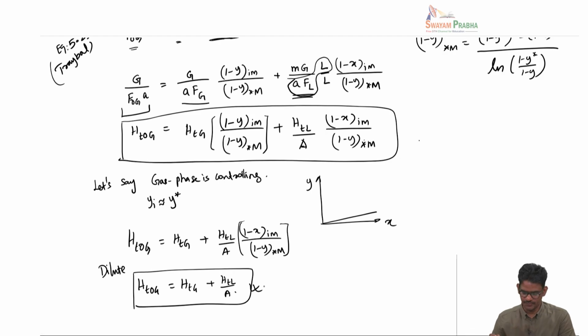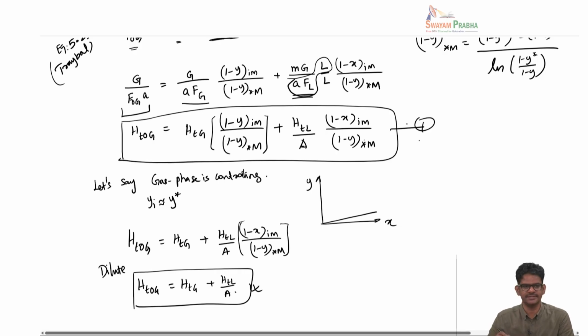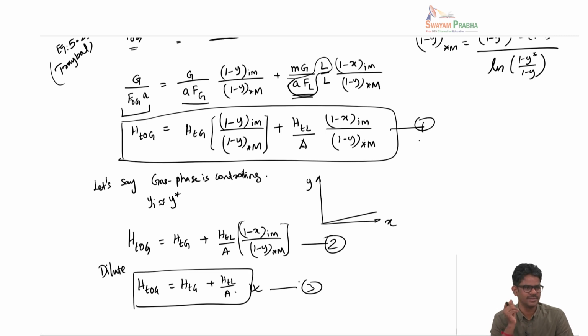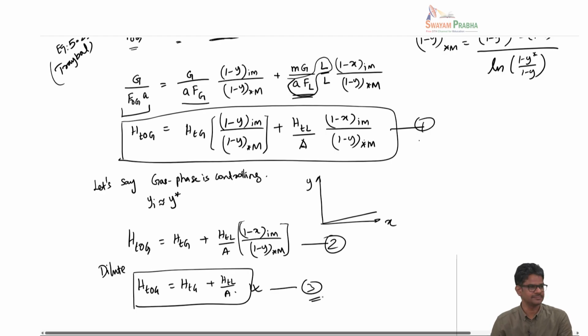So we are talking about 3 equations. Equation 1 exact, equation 2 gas phase controlling, equation 3 gas phase controlling and very dilute mixture. So these are the options we have. If you want to go with the simplest expression, equation 3, and the next level of sophistication is here.